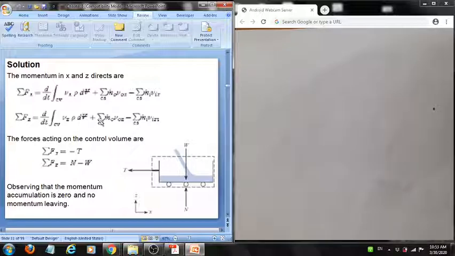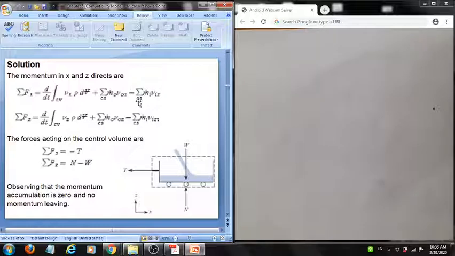We will neglect any unsteadiness in the problem, so we assume this is 0. We have no mass leaving, so this is 0. So in the x direction, we end up with the summation of forces acting on the control volume equal to the negative of the flux of momentum entering the control volume.